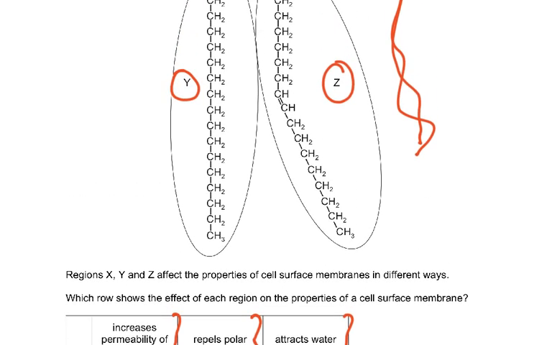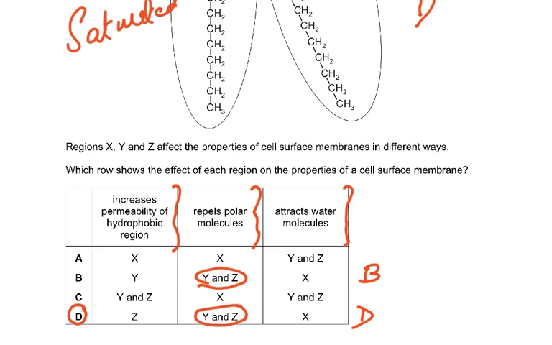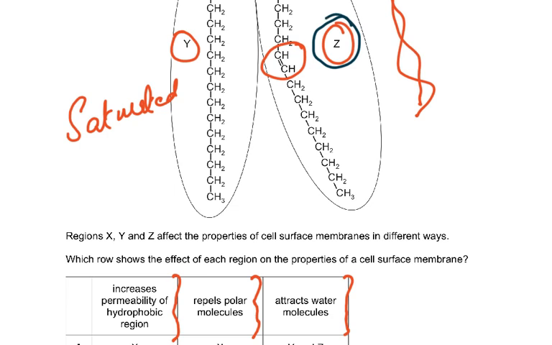Now Z was an unsaturated fatty acid, while Y is a saturated fatty acid. And that was the discerning point. That's why the answer was D, because Z was the unsaturated fatty acid. You can see here.